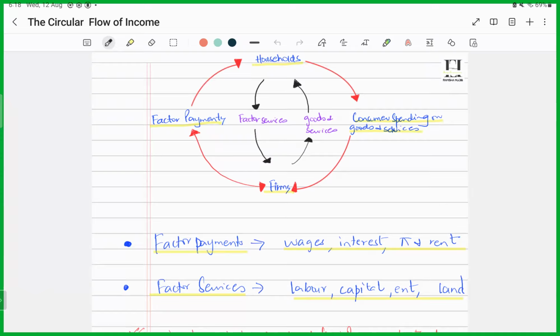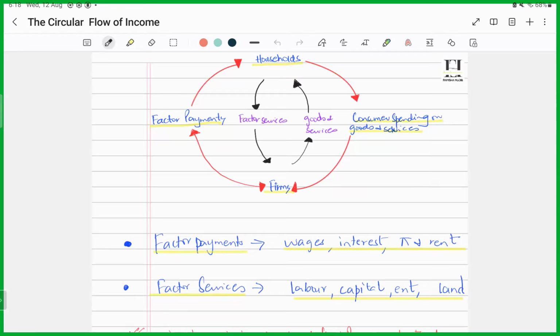Firms use that income to give out factor payments. What do you mean by factor payments? Wages, they'll pay to labor. Interest, they'll pay on capital consumed. Profit, they have to generate if they are entrepreneurs, right? What are they seeking? Profits, profit maximization. Plus rent on land, rent on premises, right?